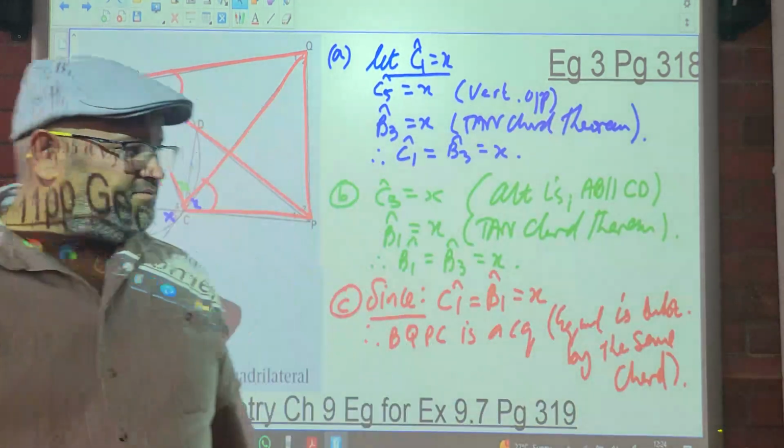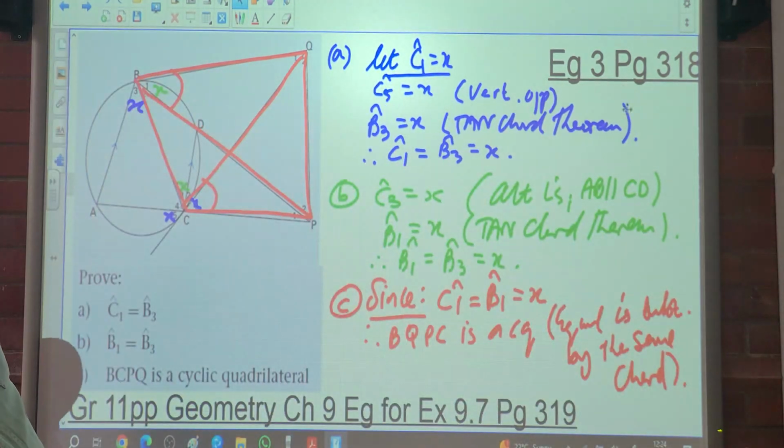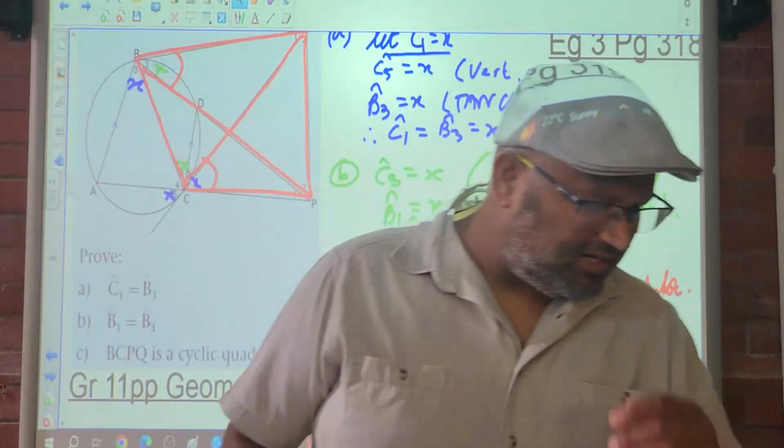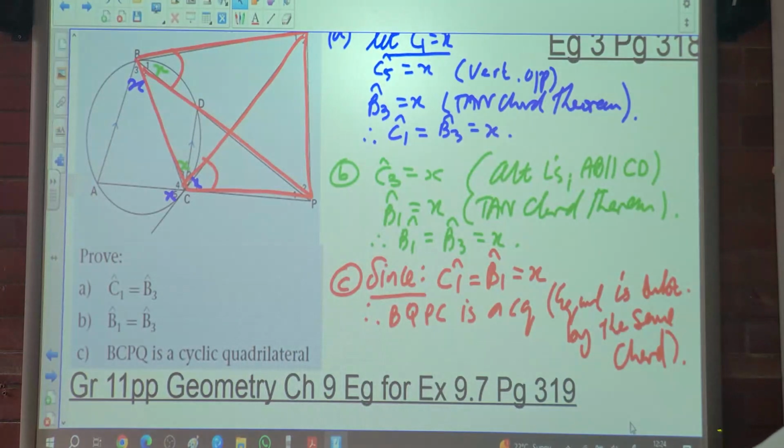Okay. People, with that you should be able to do exercise 9.7. And 9.7 is on page 319. But we're going to break this up for the next couple of lessons. For tomorrow's lesson, since there are 10 sums, I want you guys to do the first half, so the first 5 sums. If you can't manage 5, then 3 should be fine.